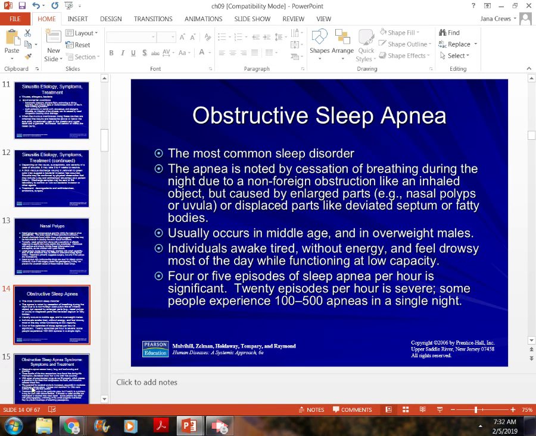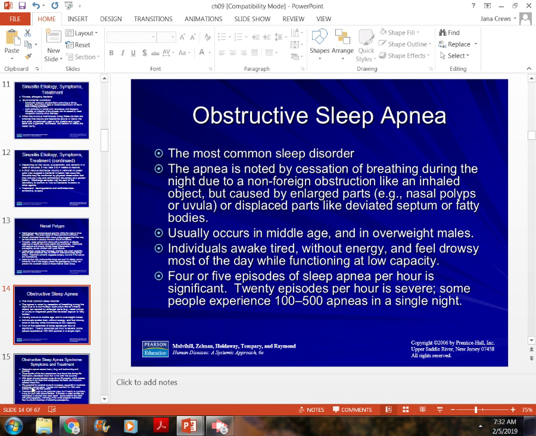Another thing we often see in the healthcare facility is obstructive sleep apnea. So obstructive sleep apnea is where during a person's sleep cycle, they will stop breathing for a certain amount of seconds, and it'll do it a certain amount of times a night. It's not due to a foreign object, like something that they inhaled.